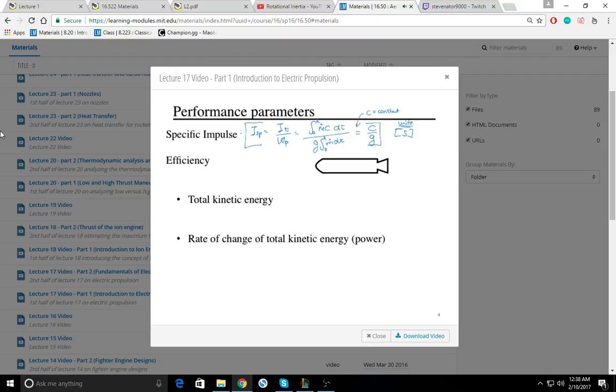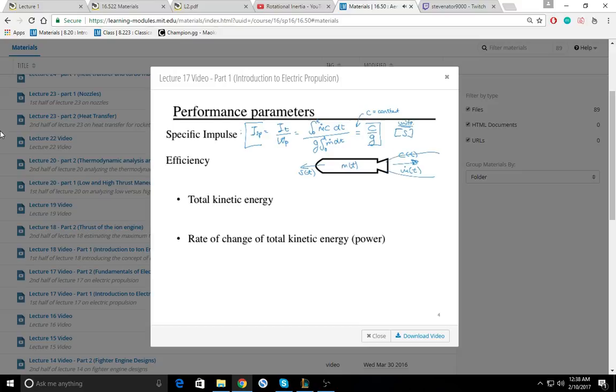The one parameter that I think you didn't cover was the efficiency of the rocket, and the efficiency will be defined as follows. Say we have the rocket that we accelerate to a velocity v, and we're expelling the propellant at a rate m dot, which could also be a function of time, with an exhaust velocity c relative to the vehicle.